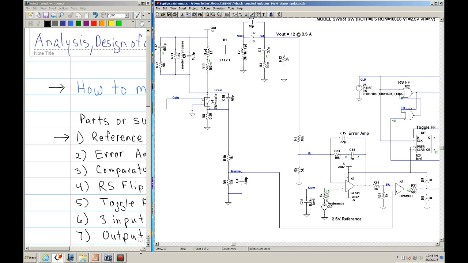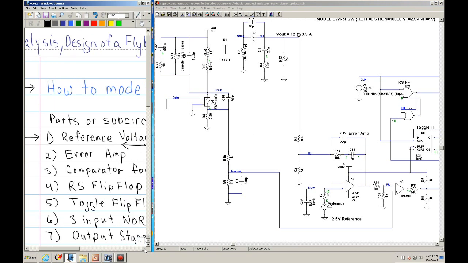My error amp is the second subcircuit. Okay, and keep in mind that the error amp is always connected to the positive side, or the non-inverting side, of your error amp.